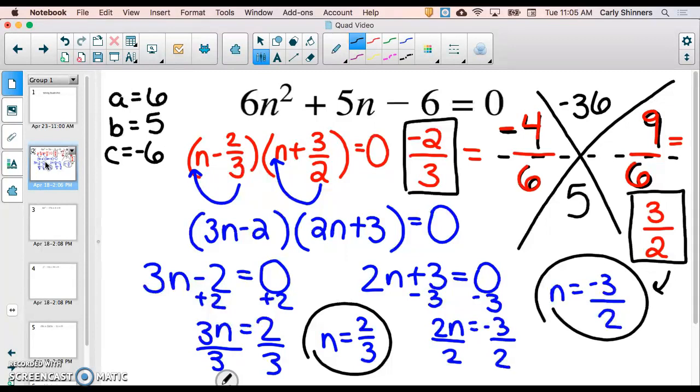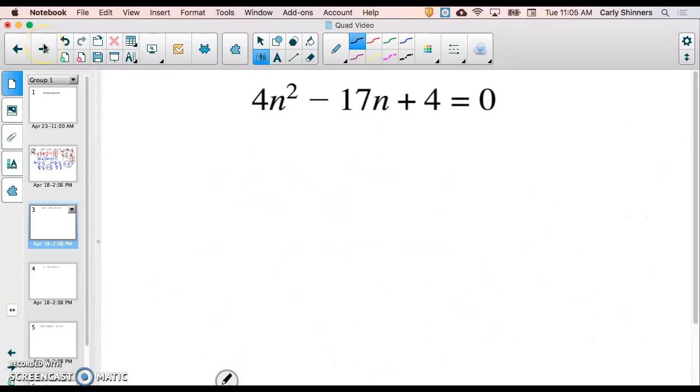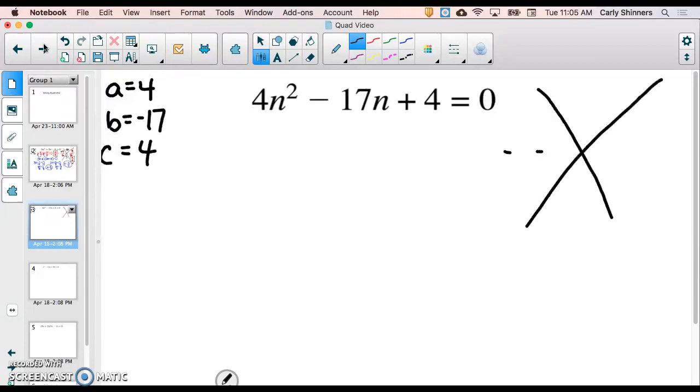Let's try another one. So again, I'm going to try to use the zero product property. Identify my A, B, and C. So 16 up top. So this time I'm multiplying to a positive, but I'm adding to a negative.